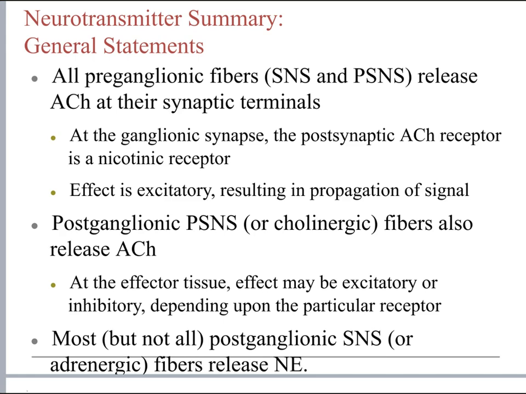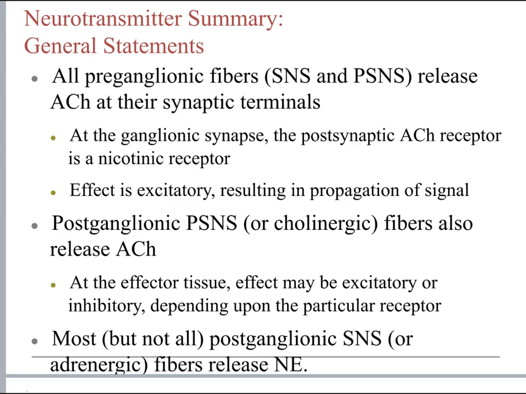So neurotransmitter summary, some general statements. All preganglionic fibers for the sympathetic and parasympathetic nervous system release acetylcholine at their synaptic terminals. Important point. At the ganglionic synapse, the postsynaptic acetylcholine receptor is a nicotinic receptor. The effect is going to be excitatory, resulting in propagation of that action potential or signal. Our postganglionic parasympathetic nervous system or cholinergic fibers also release acetylcholine.